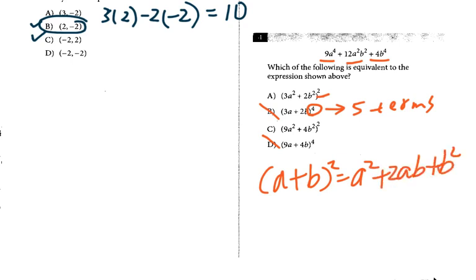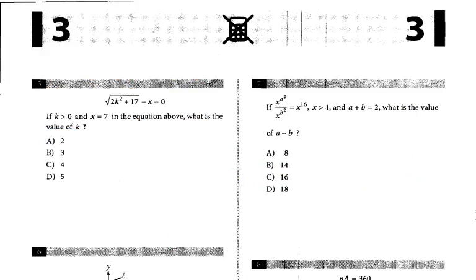I have 3a squared, then you square it, it will be 9a to the 4th power. So definitely A will be your answer. And for C, 9a squared, it will be 81. Definitely it's wrong.